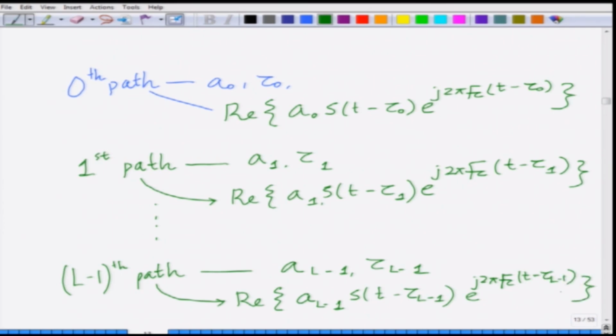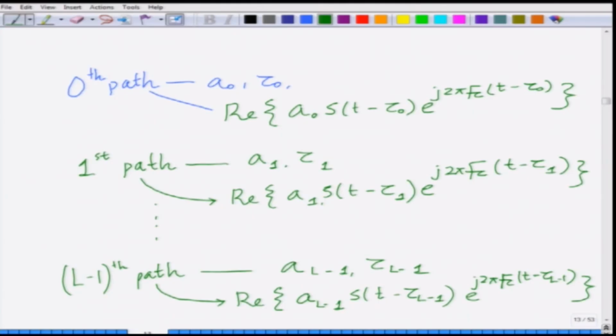So what we are saying is we have L paths from 0 to L minus 1. The ith path is associated with attenuation Ai and delay tau i, and therefore the resultant passband signal corresponding to the ith path is given as the real part of Ai s of t minus tau i times e to the power of j 2 pi Fc times t minus tau i.